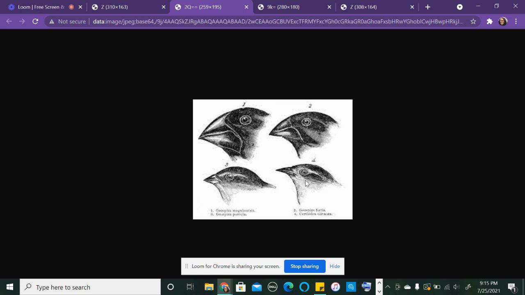Some of these finches are insectivores, meaning they only eat insects, while some eat large seeds and some eat small seeds. Because of that difference, they created different species of finches.